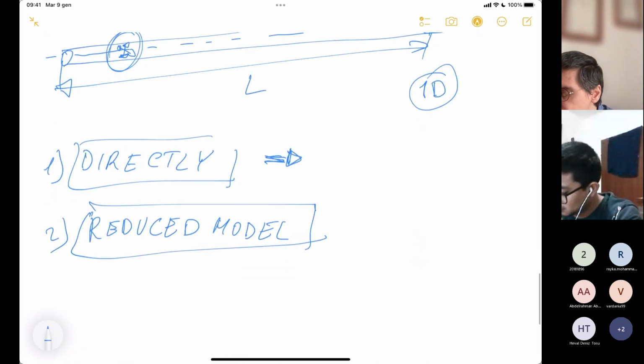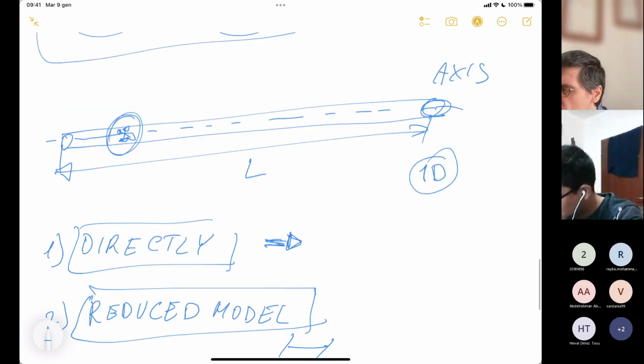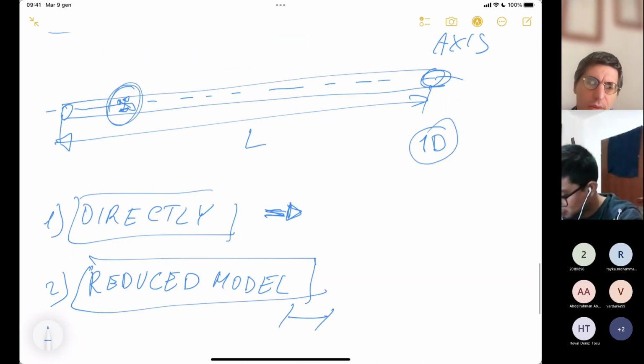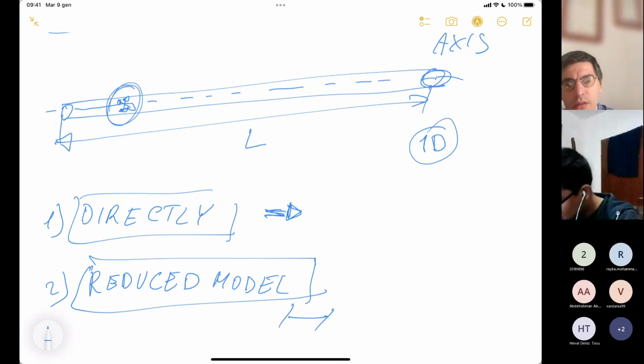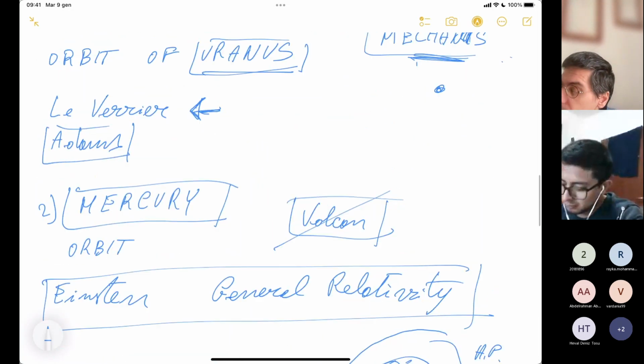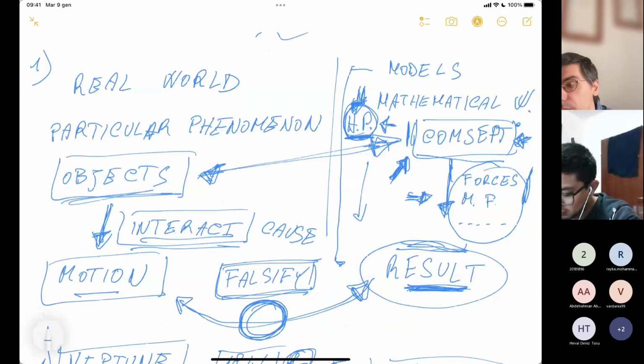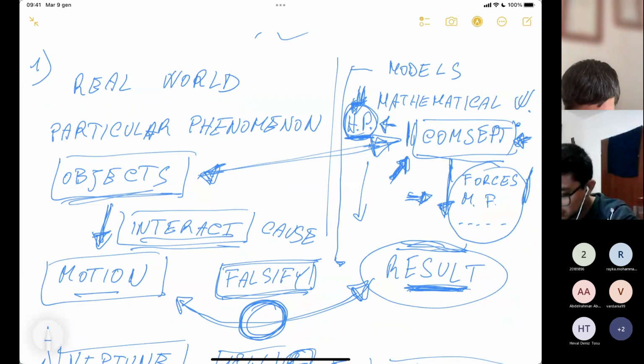Okay. I do not want today go into this detail, so I want just to give you a general glance of what we have to do. Of course, when we build a model, this model is a mechanical one.